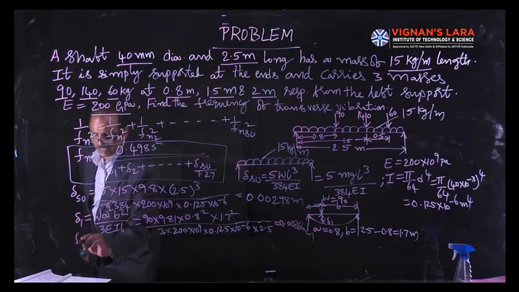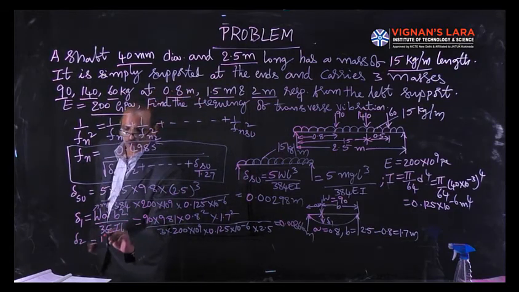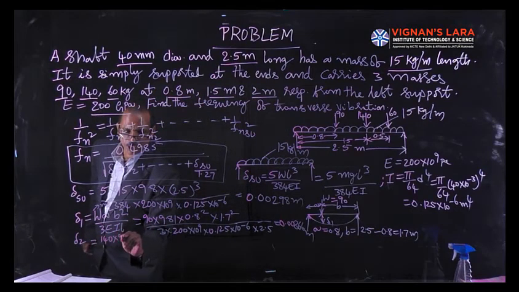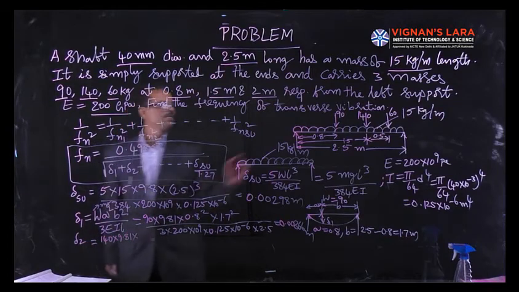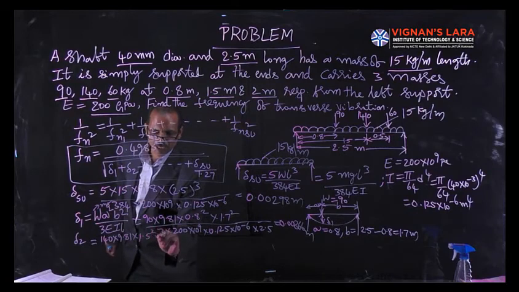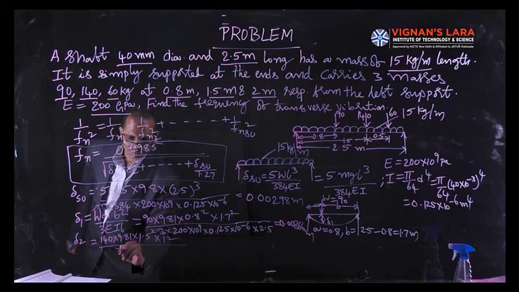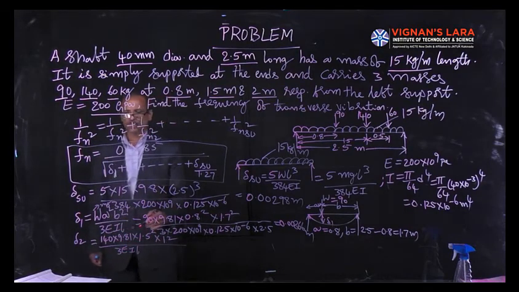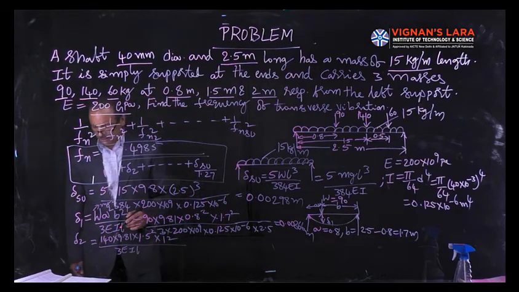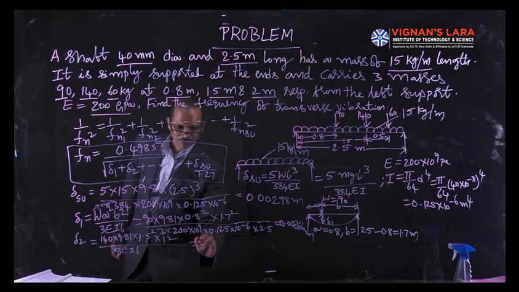Then coming to the delta 2, okay, in that case, what is the load? 140. So 140 into 9.81. Then what is A in that case? 1.5. B is 1. 3 EIL same. This will not change, as it is going to be substituted. Then in that case, the delta 2 value is 0.1639 meters.